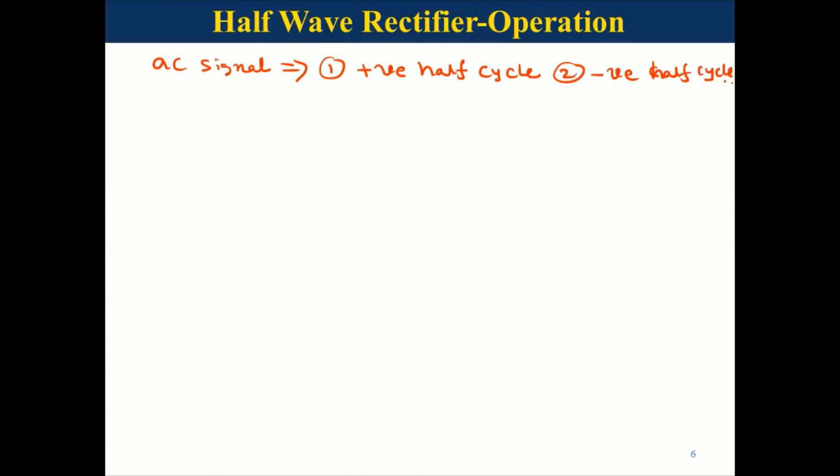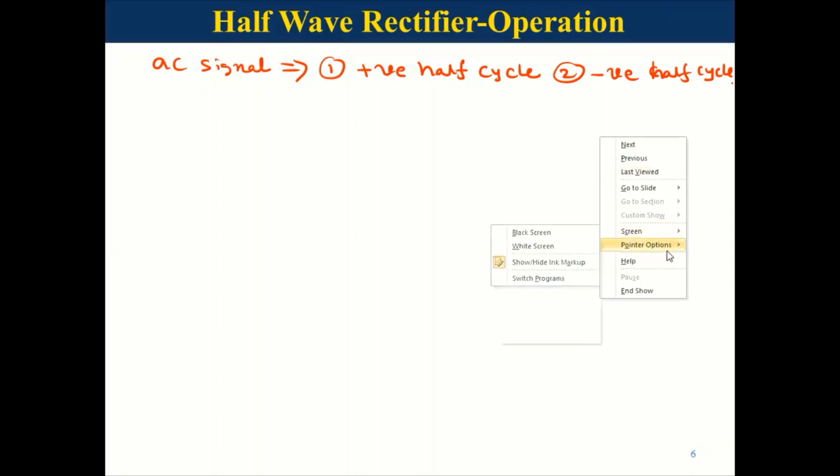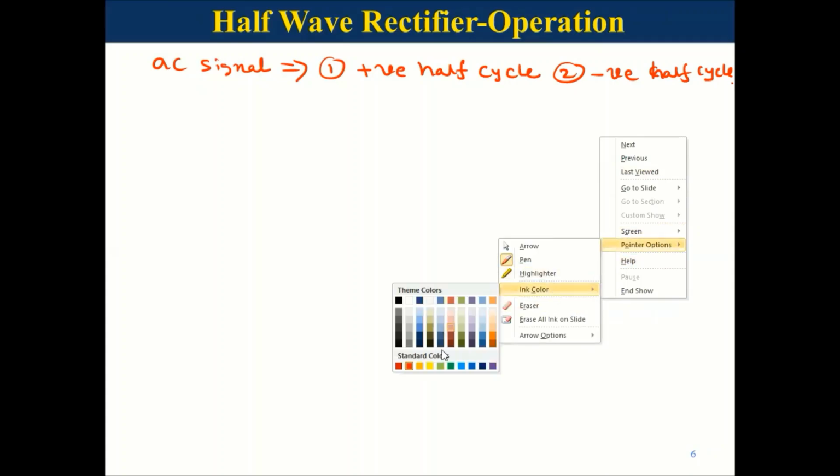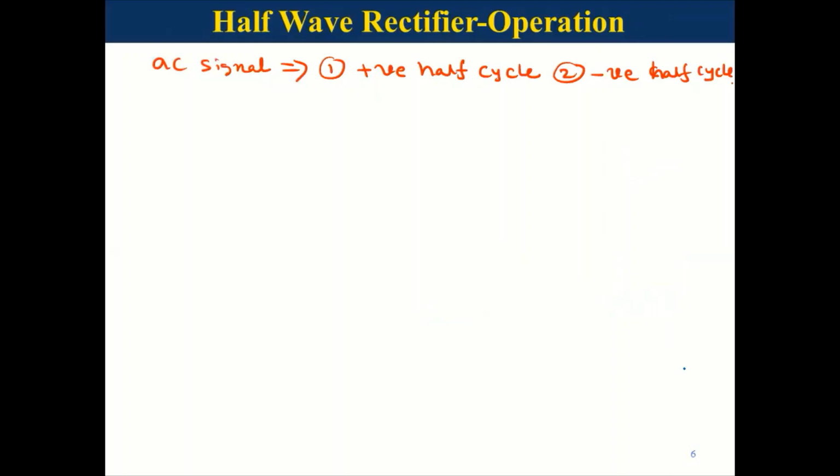I'm trying to explain the operation of this half-wave rectifier during the positive half cycle and the negative half cycle. So first I am trying to explain the operation of this rectifier circuit during the positive half cycle.